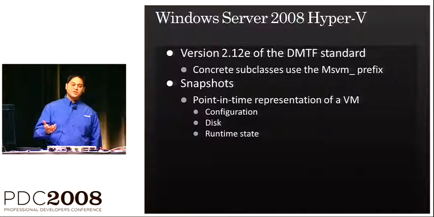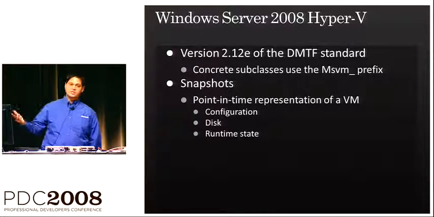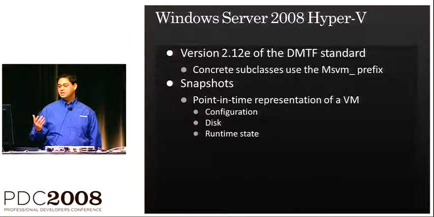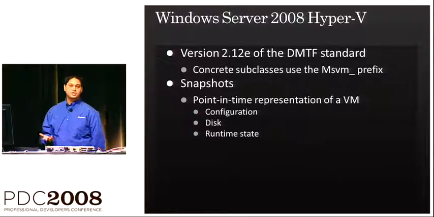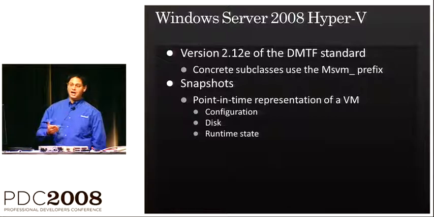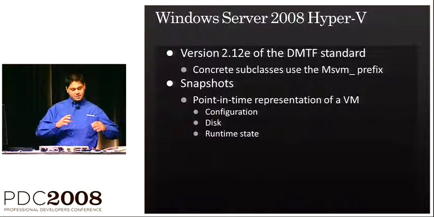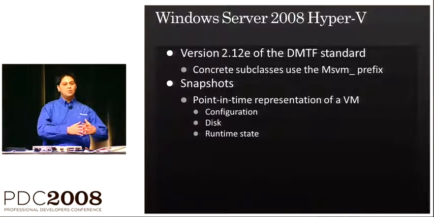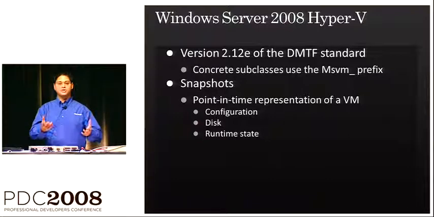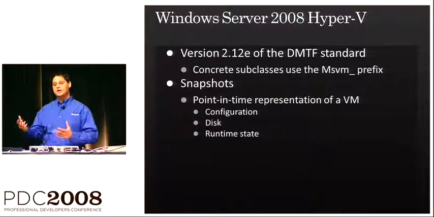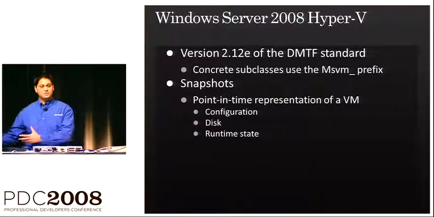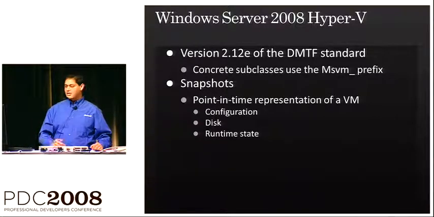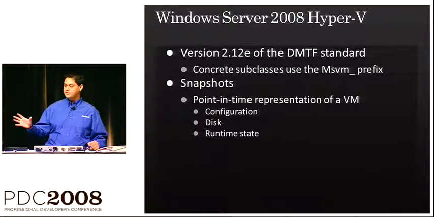So another concept that we're actually going to talk about quite a bit as we go through these APIs is snapshots. Snapshots are essentially a point-in-time representation of the virtual machine. What that means is you've got a configuration that describes what a virtual machine looks like, how much memory does it have, how many processors, and what hard drive, VHD drive is it using, etc. So that's all described in the configuration of the VM.